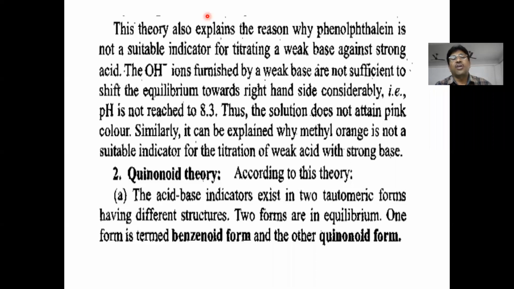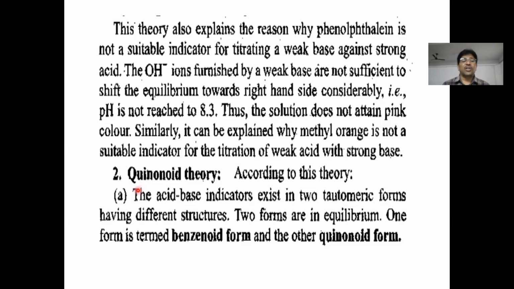So for the titration of weak acid versus strong base, what is the suitable indicator? Phenolphthalein. And when weak base is titrated against strong acid, methyl orange can be used. Methyl orange is itself what? Weak base. So when a weak base is involved in the titration, we can use what? Methyl orange. That point we have to keep in mind.